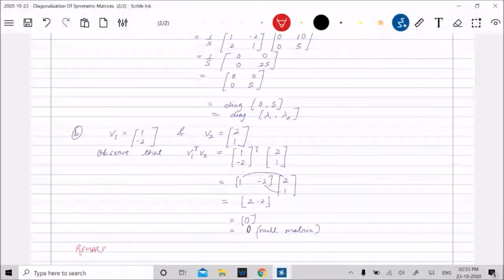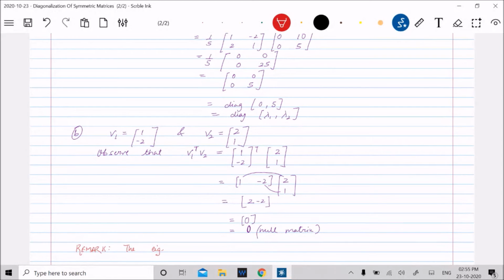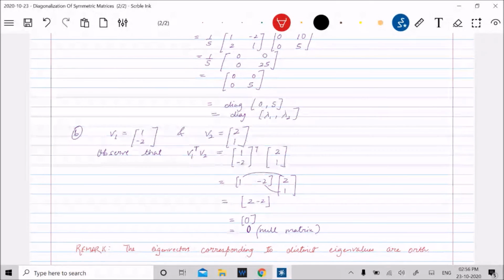That remark is the eigenvectors corresponding to distinct eigenvalues are orthogonal.